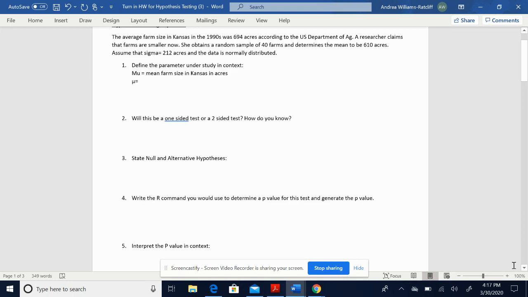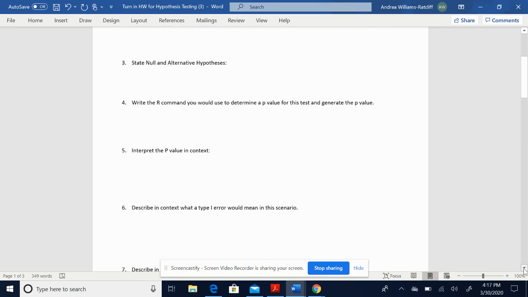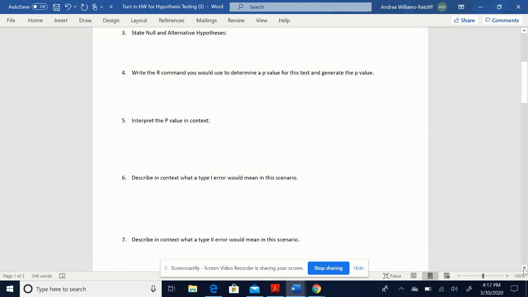Everything looked pretty good up until we got to interpreting the p-value in context. There was a lot of trouble with that interpretation. If you got that feedback that you were struggling with that, you want to go back and watch that slideshow again. The p-value is the probability of seeing a sample like ours if the null is true, if the null value is really the mean.